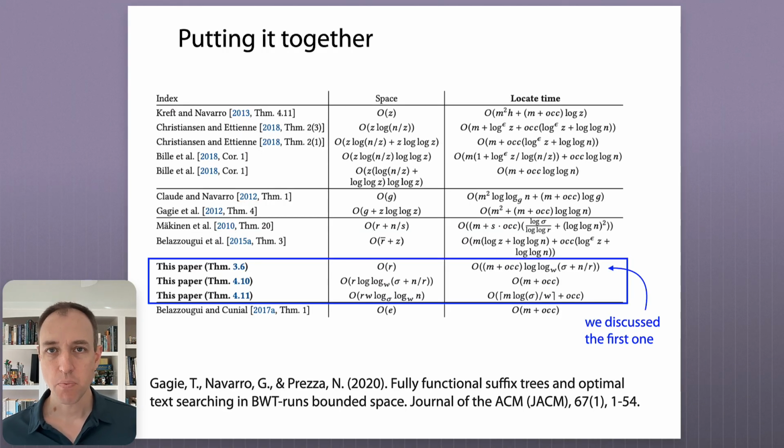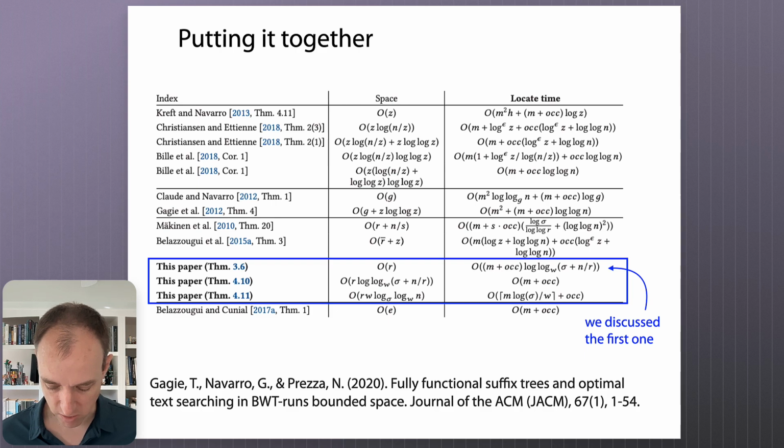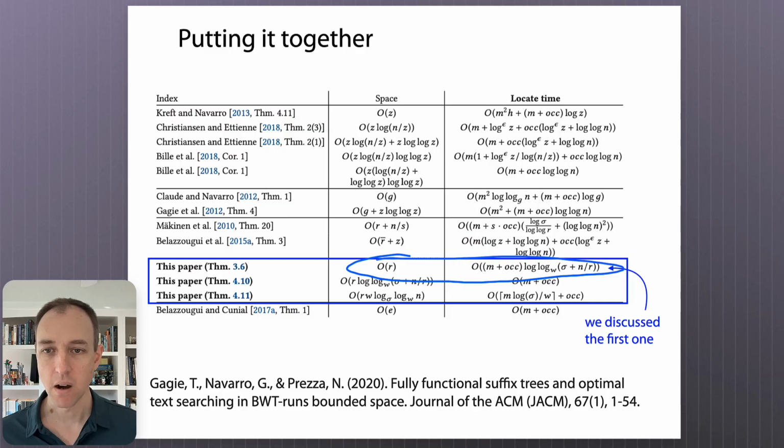So at the end of the previous R-index video, we talked about the locate query, and once we had finished discussing all the data structures needed for the locate query, and then combined them with the data structures that were needed for the match query, we ended up with bounds that matched this row from this table, which I've extracted from the paper that describes the R-index.